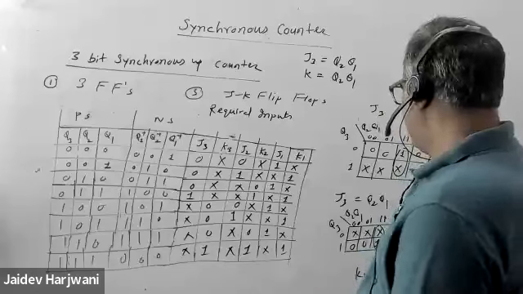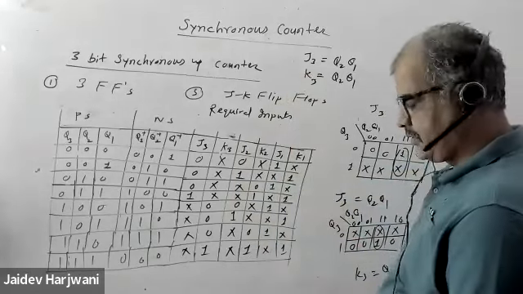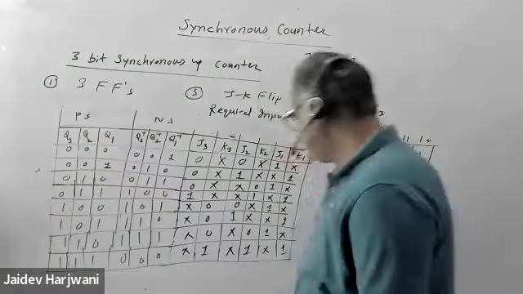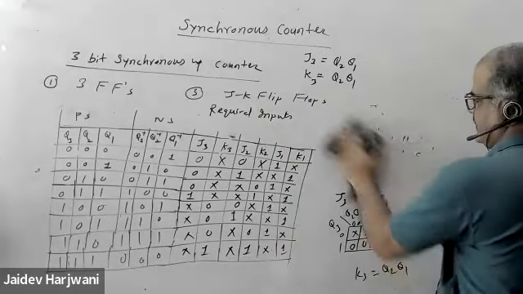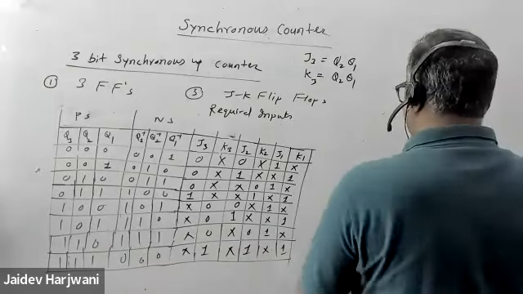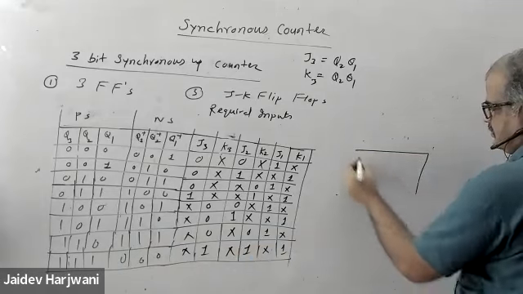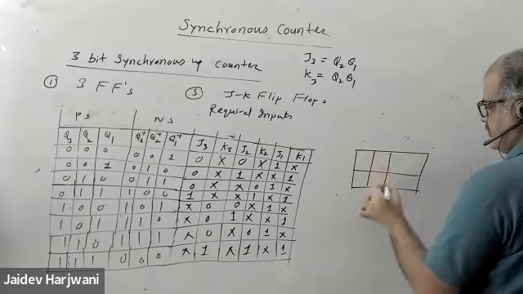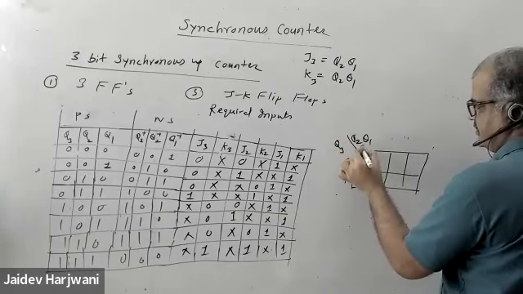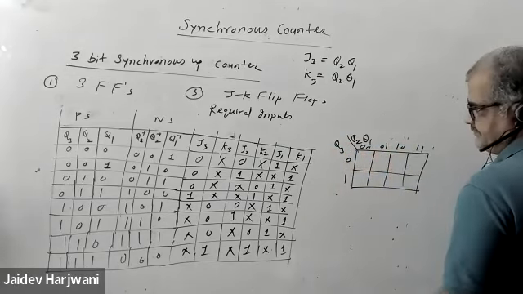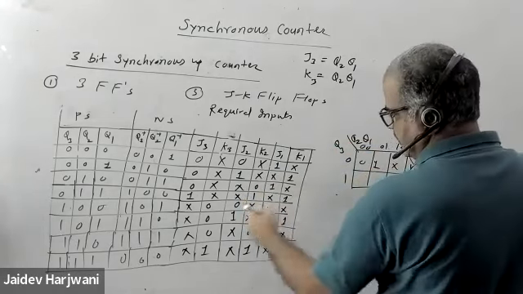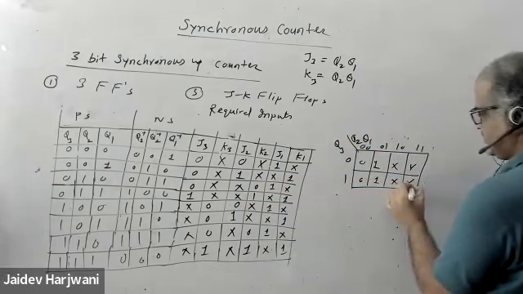Now you want J2, K2. Find out the value for J2, K2. So 1, 0, 0, 0, 0, 1. J2 is 0, 1, XX, 4, 0, 5, 1. Then you have XX.